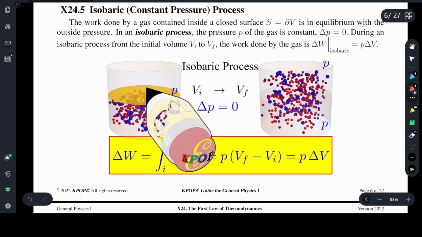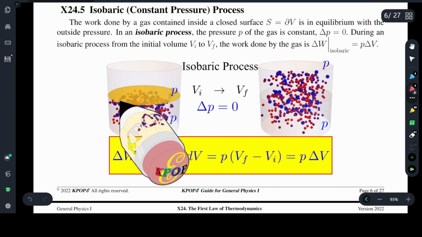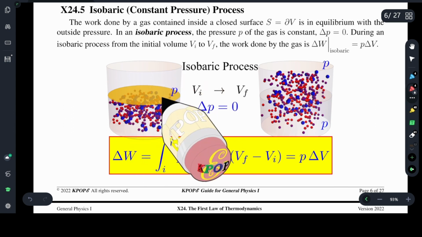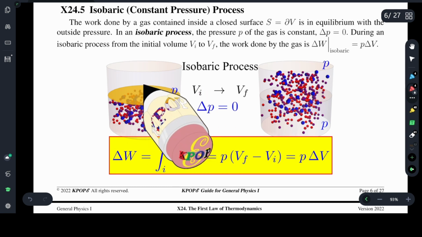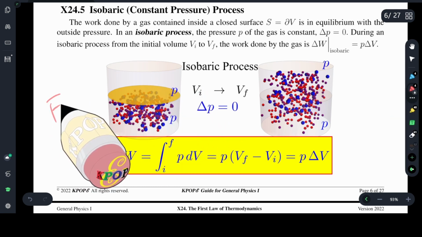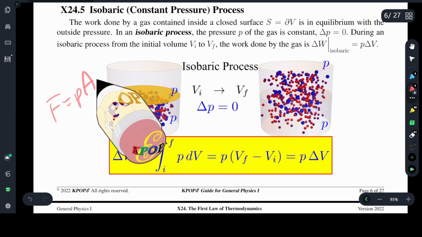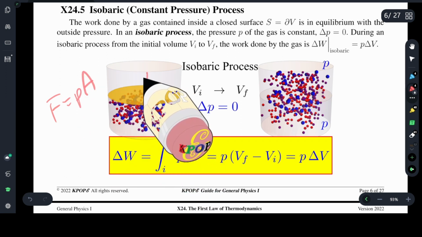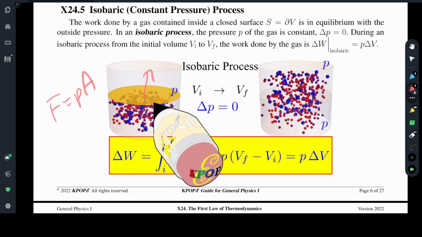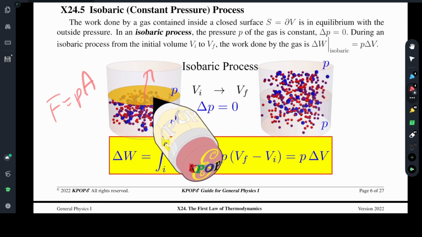So although the outside is empty, somebody is holding the lid with the force F equals PA from the beginning until the end of expansion. So P is now controlled, as an isobaric process. We are keeping the pressure the same.